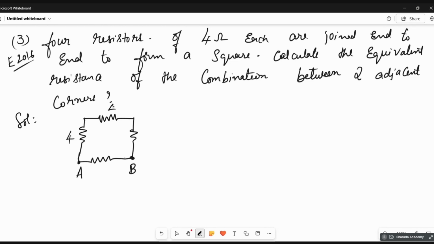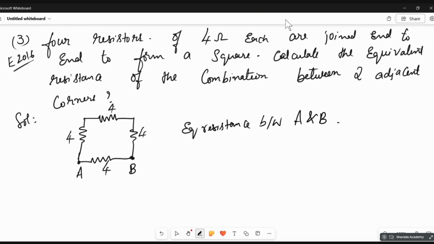No, all are 4 ohms he has given like this. Find equivalent resistance. One minute. Equivalent resistance between A and B. This is the question. Understood? Between A and B, I have to find the equivalent resistance.